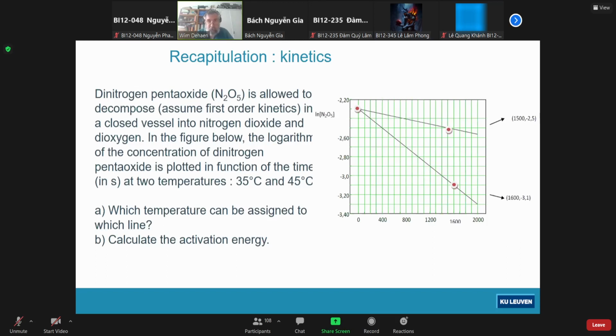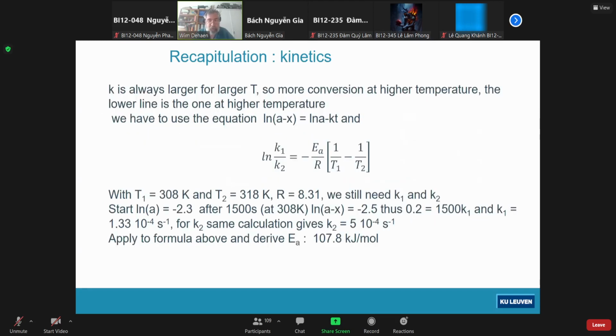If you now go into that, here you see the 1500 seconds, for instance, at 308 Kelvin. So that leads to this.